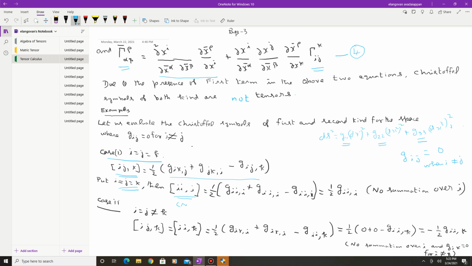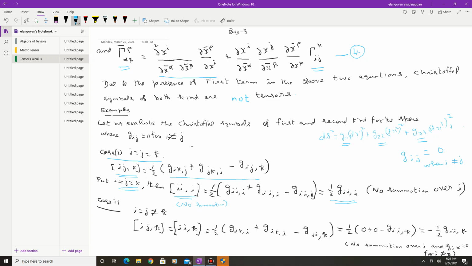That is important. So by simplifying, you get g_ii,i plus g_ii,i minus g_ii,i, and there is no summation.